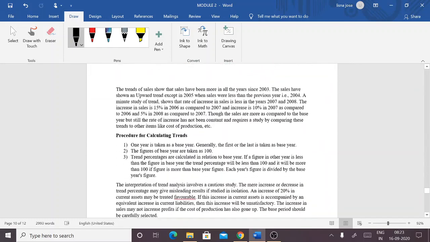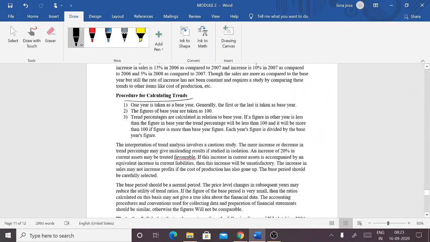Here I have mentioned the procedure for calculating the trend. One year is taken as the base year, and generally the first year or the last year is taken as the base year. Normally we will take the first year as the base year. Then the figure of the base year is taken as 100. That is the second step.